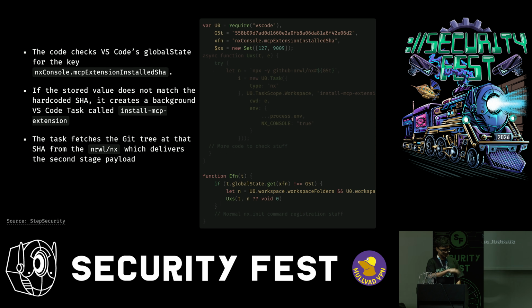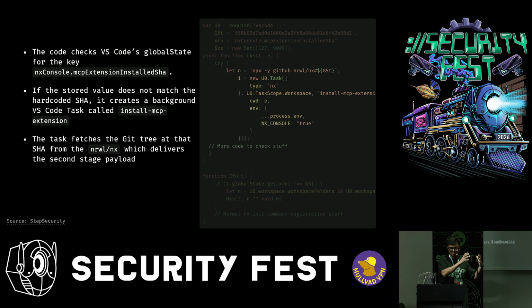But anyways, let's take a look for a while at what the extension does. Again, they had a hash which they were checking. They were like, hey, if this hash does not match, can you create a task like install MCP extension, which is like a real task which you would expect from NX.